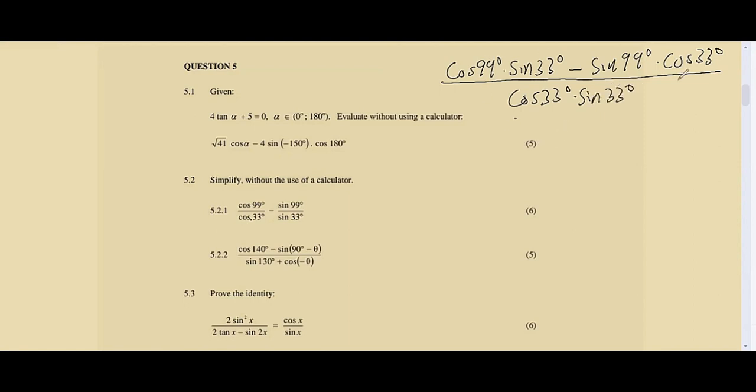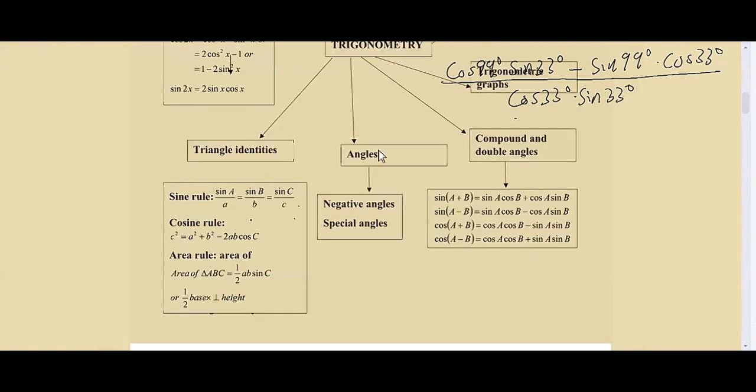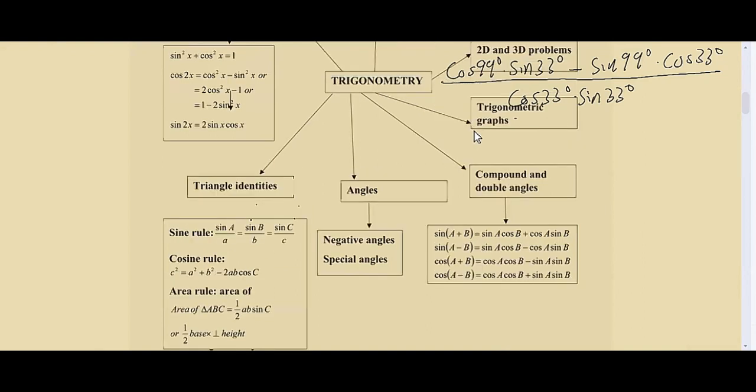Now, looking at the numerator, we can see that it resembles a compound angle that we know. So let's visit the compound angles and identify which one is similar to that. We have cos 99 sine 33, minus sine 99 cos 33. This resembles one of them, but the only problem is that they started with cos instead of sine. This is not a true mismatch, because you can just flip the positions.